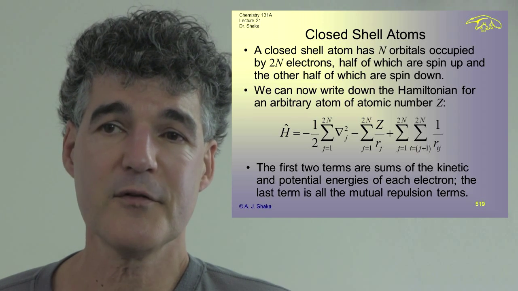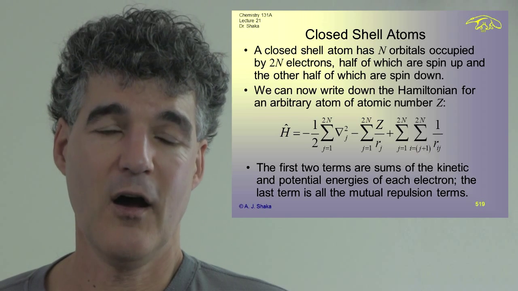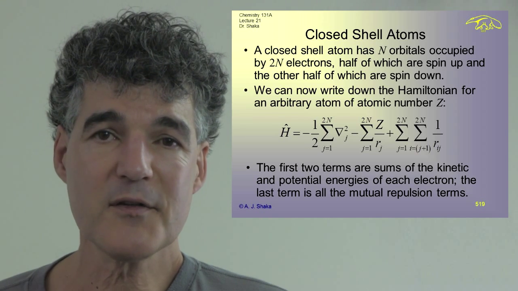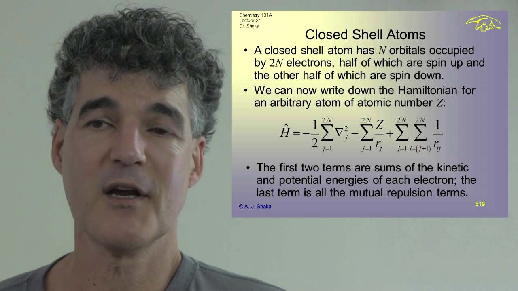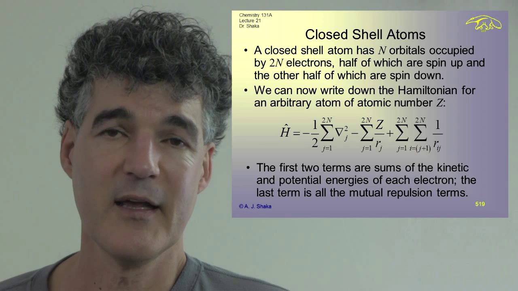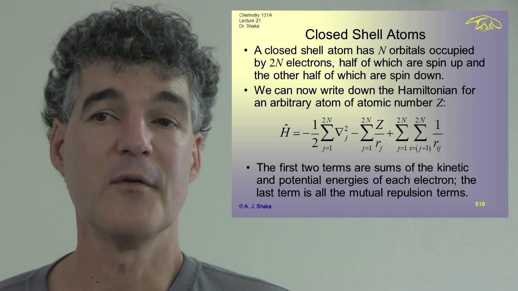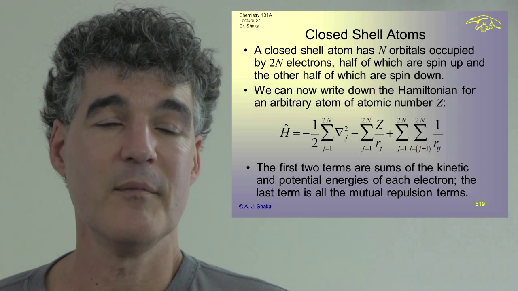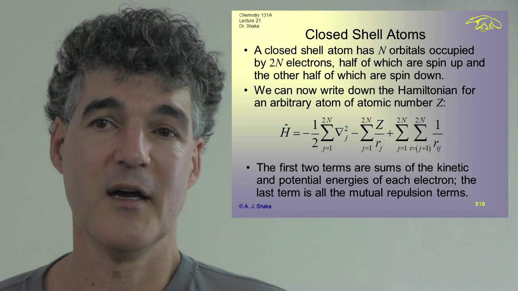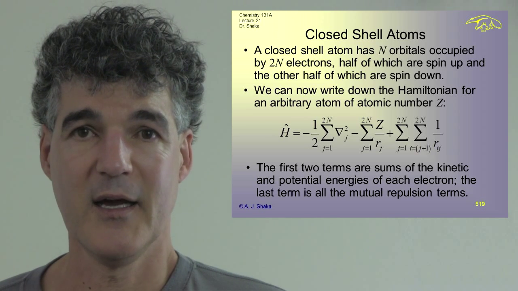So we'll ignore those. And then we have this giant sum of all the repulsive parts, which I've written here as a double sum from j equals 1 to 2n, and then on i equals j plus 1 to 2n, just so we don't count things twice. We could count them twice and divide by 2.